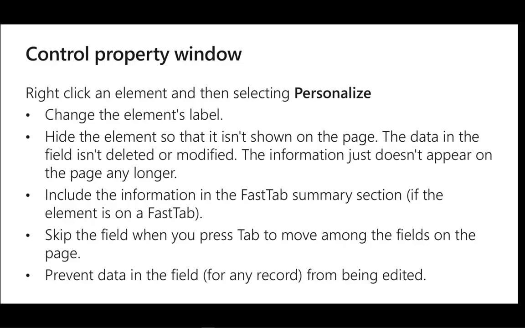The property window might include other personalization capabilities, depending on the element. For example, the property window for a tile might let us promote that tile to a dashboard or workspace, and the property window for a dashboard might let us create a new workspace on that dashboard.